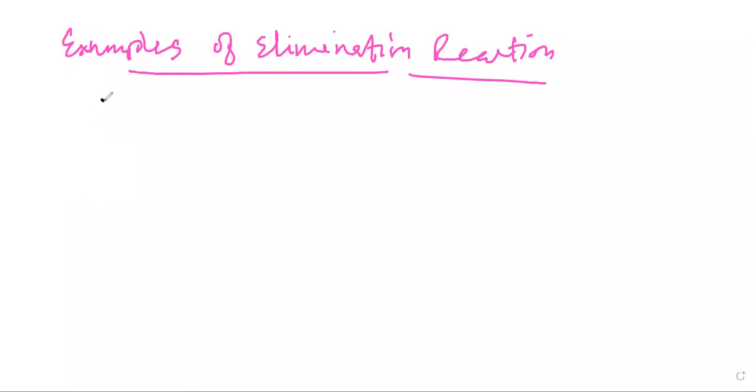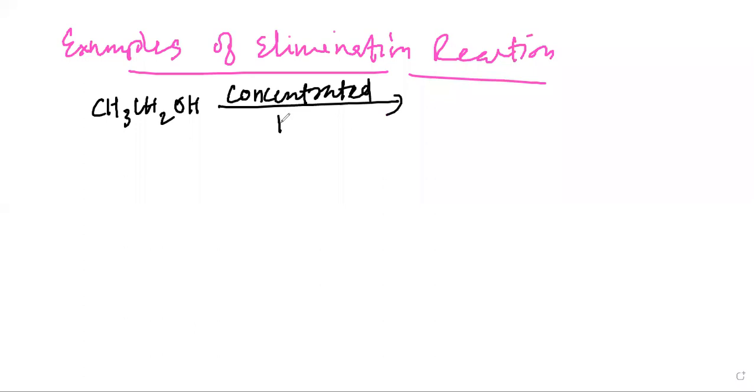Suppose you have ethanol, that is CH3CH2OH. When this ethanol is allowed to react with concentrated H2SO4, my dear students, we get ethene, CH2=CH2, and a water molecule.